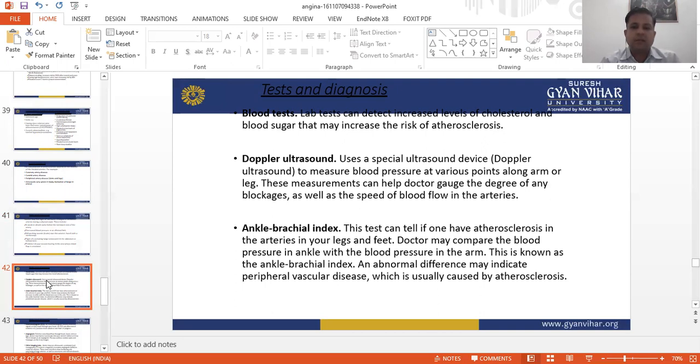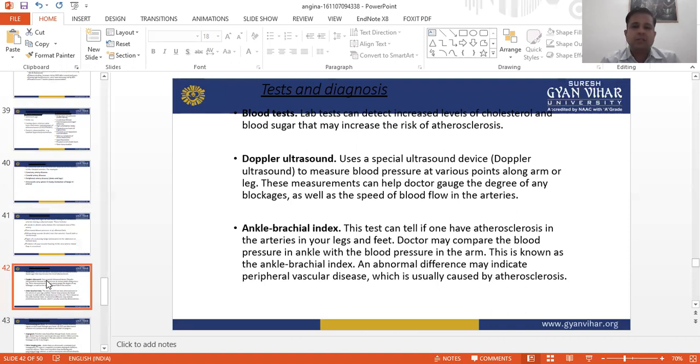Ankle brachial index. This test can tell if you have atherosclerosis in the arteries in your legs and feet. Doctors may compare the blood pressure in your ankle with the blood pressure in your arm.